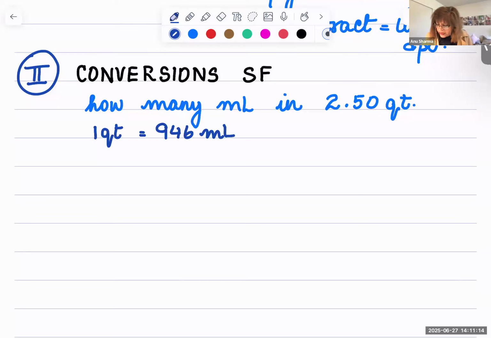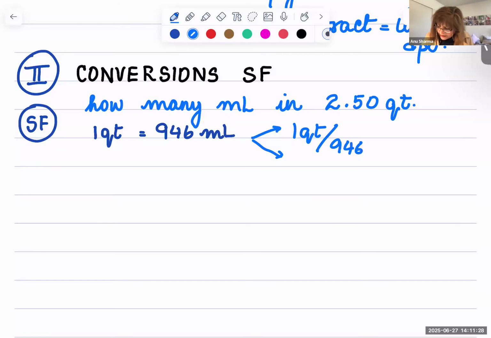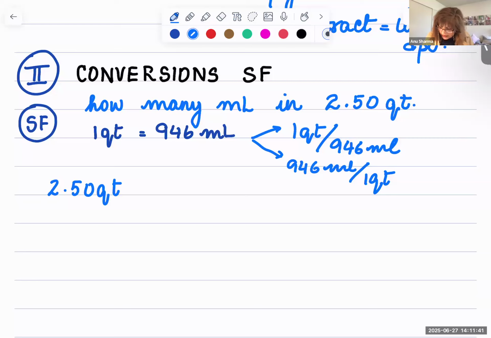For this, you use the significant figures. The answer should be based on the significant figures. So the two conversion factors are 1 quart over 946 milliliters, or 946 milliliters over 1 quart. Now 2.50 quart times, and we need to get rid of the quarts.